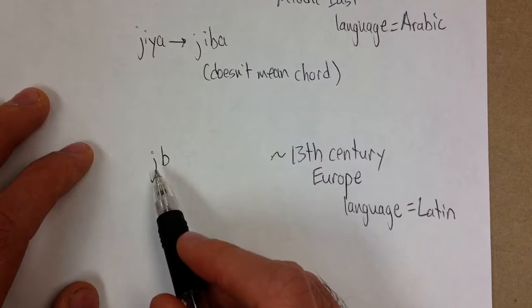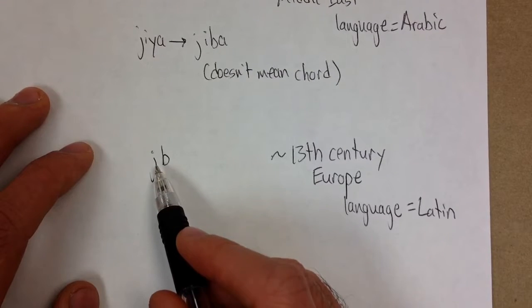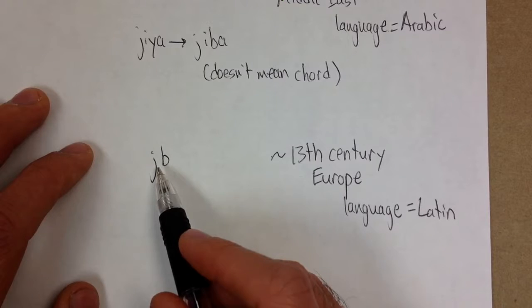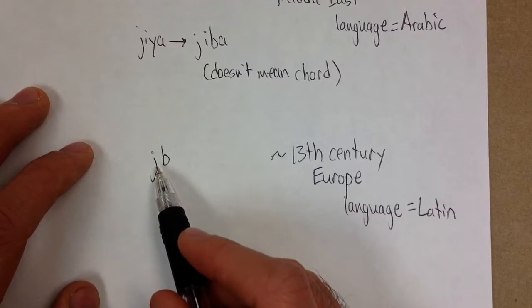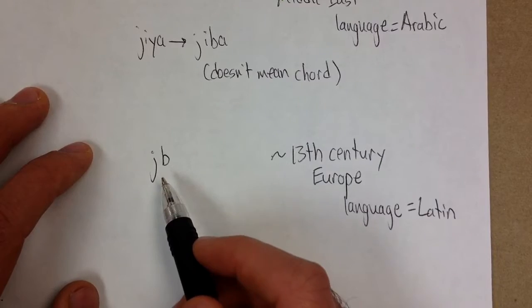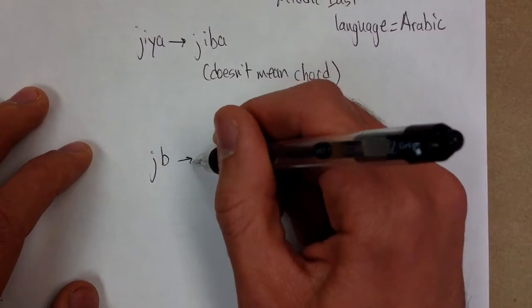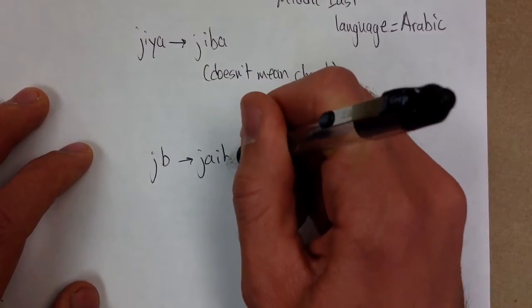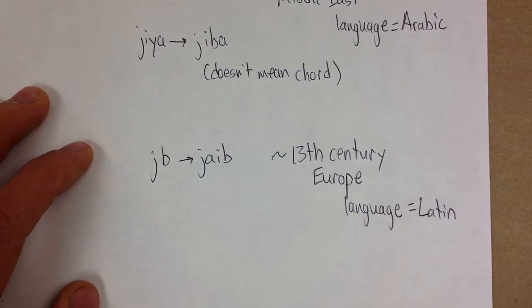So they took the Arabic and did their best to translate it into Latin. They had to guess as to what Arabic word this was, because they were not provided the vowel sounds. Their best guess was Jaib. Jaib means fold or hollow area.